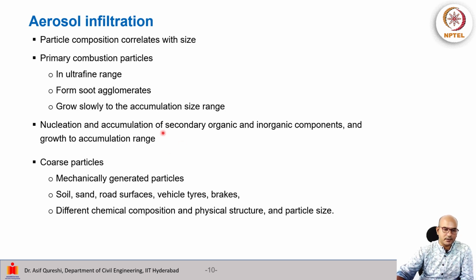Sometimes they need a substantial amount of time to grow from ultrafine to accumulation. So that amount of time must be given for them to come into accumulation mode, and then once they come into accumulation mode, the chances of infiltration increase. In coarser particles, when these are emitted or resuspended, they will inherently be in different size bins, and in those size bins, the particles in the accumulation mode will be more important in terms of infiltration.